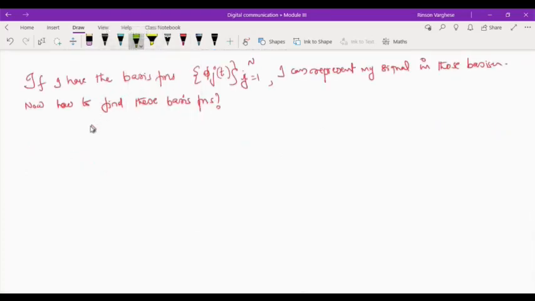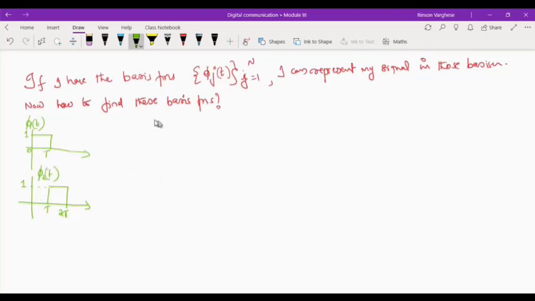I have two basis functions. Let this be my first basis, phi_1(t), from 0 to T with value 1, and this is my second basis, phi_2(t), which is 1 from T to 2T.